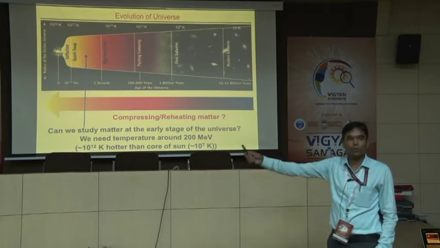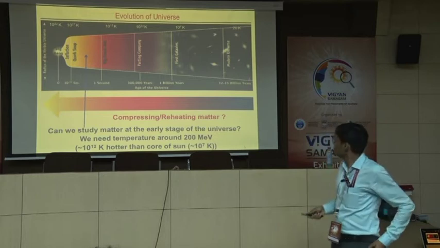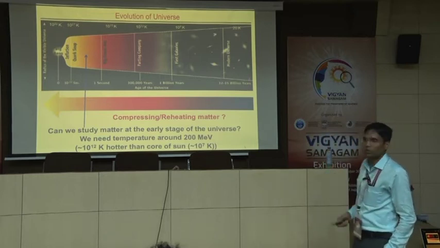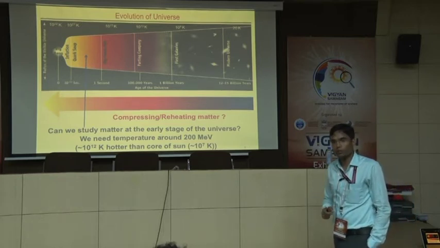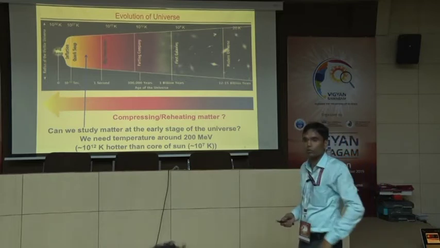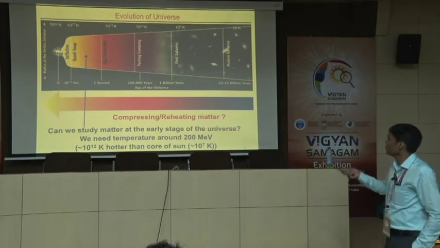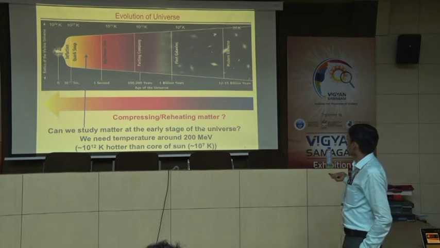You can increase the temperature of the matter, you can compress the matter. If you increase the temperature such that you reach this temperature, then probably you will get that state of matter, right? Time you cannot go back, but temperature you can, because you can increase it. So can we study matter at the early stage of the universe?